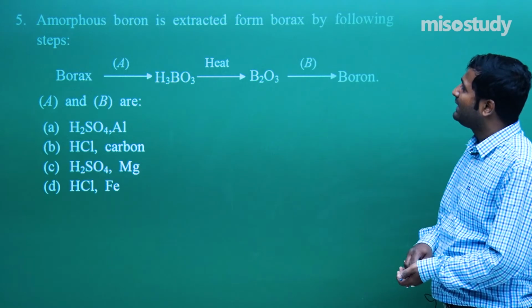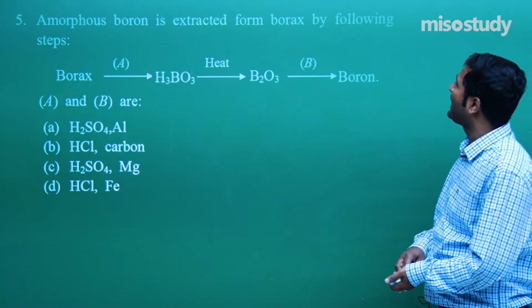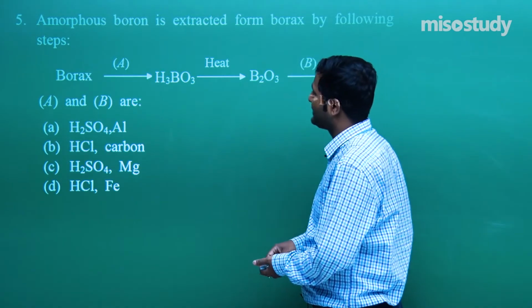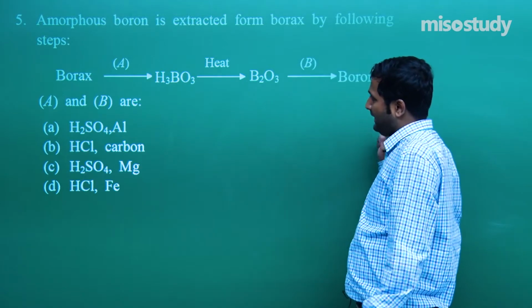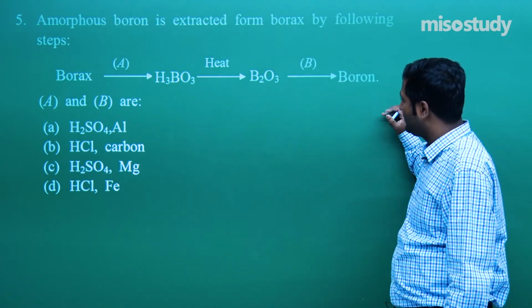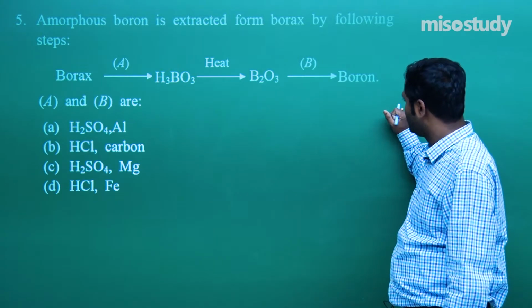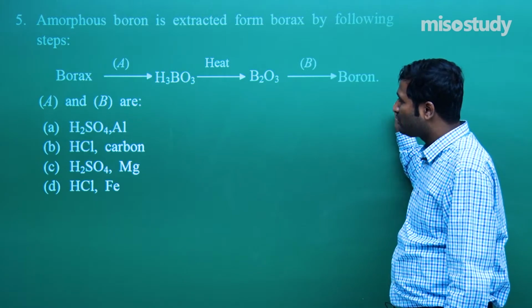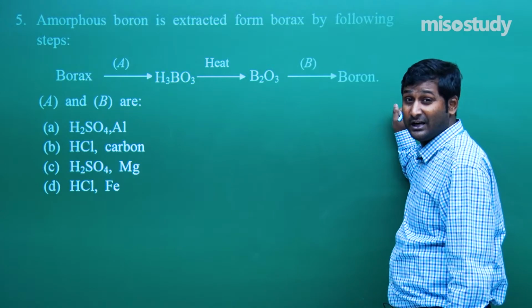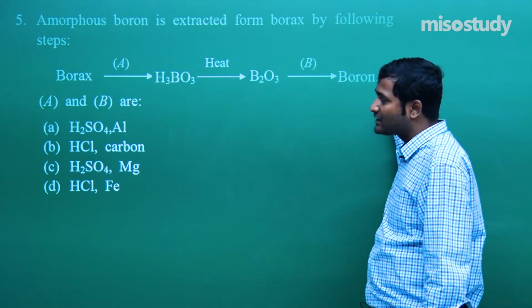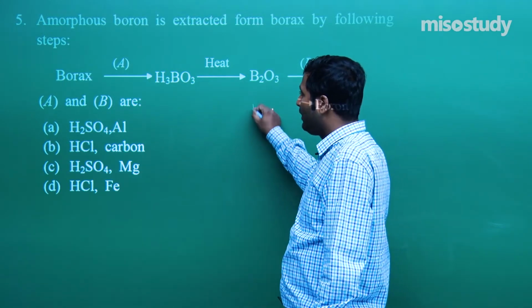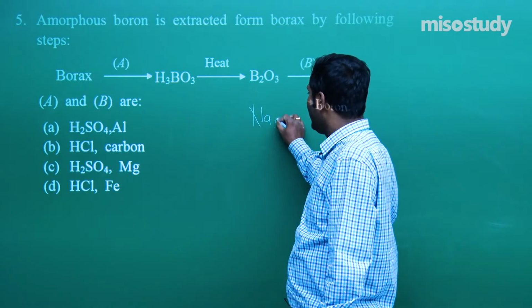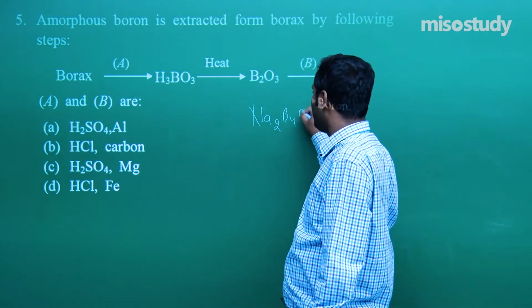Amorphous boron is extracted from borax by the following steps. Borax plus A, then H3BO3, on heating gives B2O3, and then B is boron. First of all, we need to complete the reaction. Now tell me how to complete the reaction. As I told you earlier, what is the formula of borax? Na2B4O7.